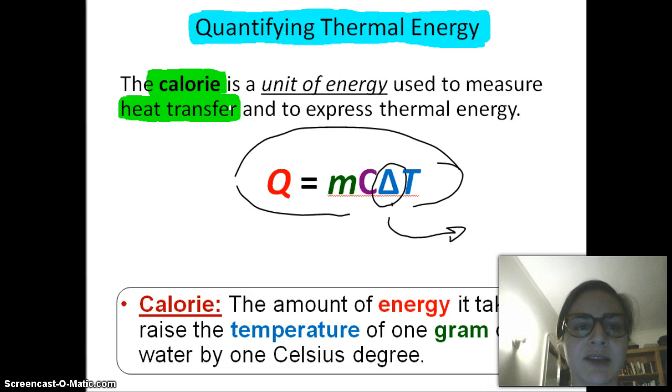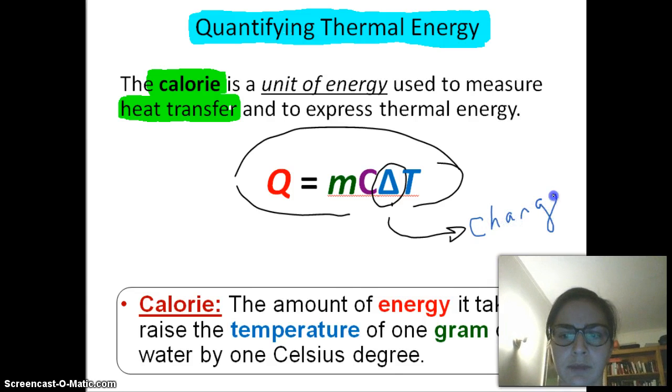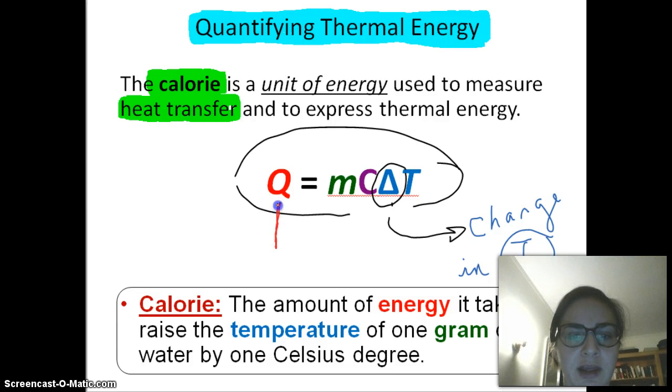In math and science, that Greek letter delta means change. And so delta T means change in temperature. And of course, whenever we talk about heat moving from one substance to another, we're going to have changes in temperature.